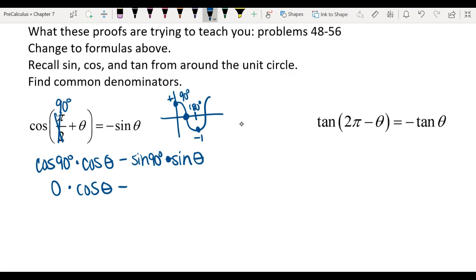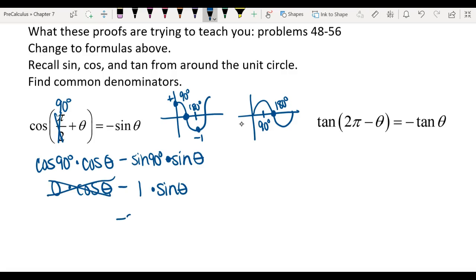So let's talk about sine at 90. So if I look at my graph of sine, my graph of sine looks like this, where in the middle is 180. So what's sine at 90? 1 times sine of theta. What happens when you multiply something by 0? It's 0.